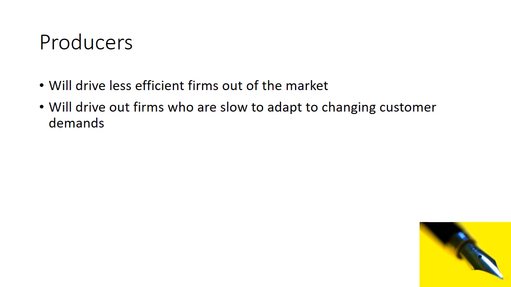There are some bad points, some disadvantages of competition on producers as well. If you are a less efficient business, it could drive those less efficient businesses out of the market, businesses that are slow to adapt to changing technologies. A good example from this year is Thomas Cook, a business that was slow to adapt to changing customer demands, with people booking more holidays online, for example.